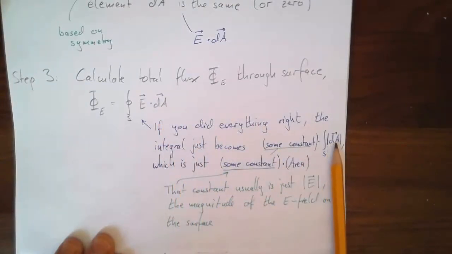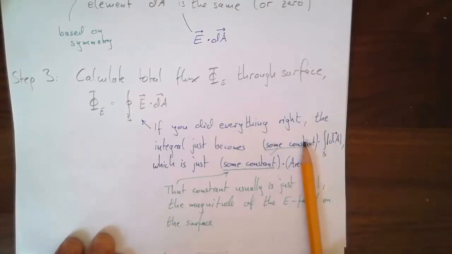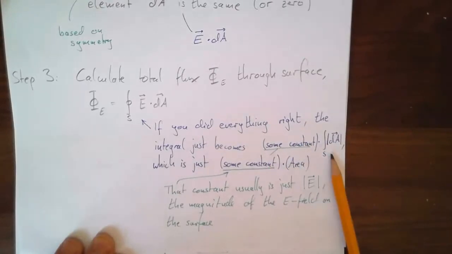So you just add up all the different areas until you've covered the surface. So that means it's just this constant that comes out the front, and it's usually just the electric field, the magnitude of the electric field. And then you multiply just by the total area, because summing up the individual chunks of area until you've made the whole area, well, you're just going to get the total area. Again, this is a complicated way of saying something trivial.